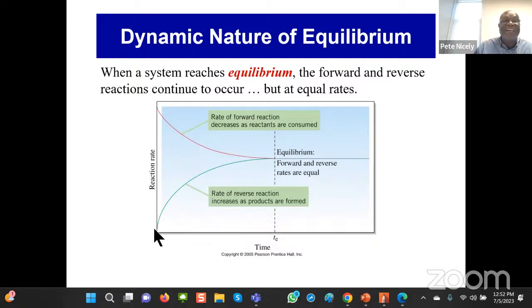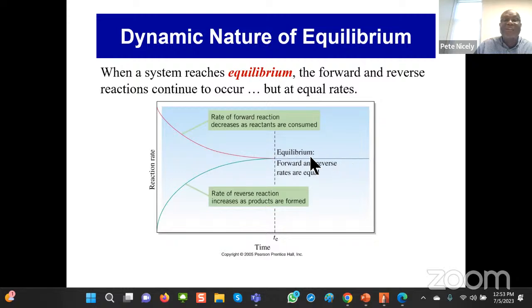So as you can see, as the reaction proceeds, the rate of formation of the product starts from 0 and steadily increases until it flattens out here. And the opposite is true for the forward reaction, where the rate of disappearance of reactant decreases until it flattens out here.